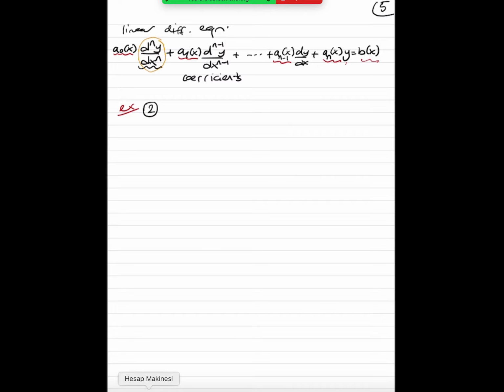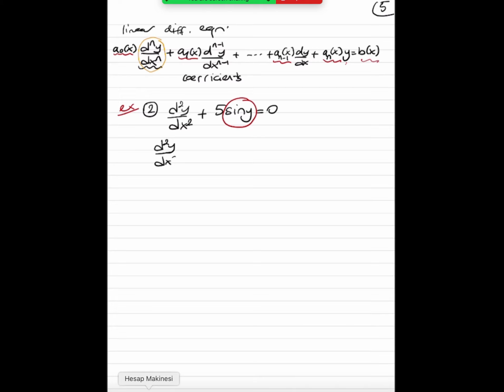Let's look at this one: d square y over dx squared plus 5 sine y is equal to 0. If you look at this example, this is actually non-linear because of this sine y.